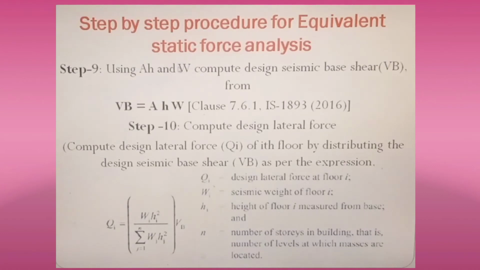By using the values of AH and W, you need to calculate VB, that is the base shear, from the equation AH into W, which is given in clause 7.6.1 of IS 1893 2016. This is your step 9, calculation of VB equals AH into W.